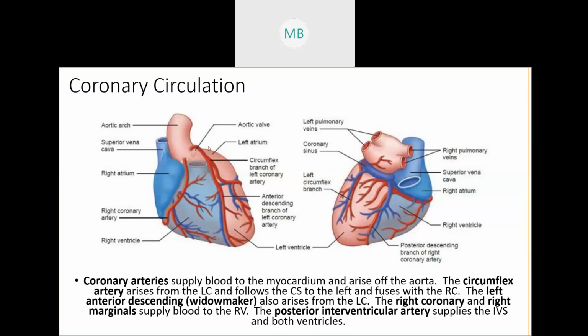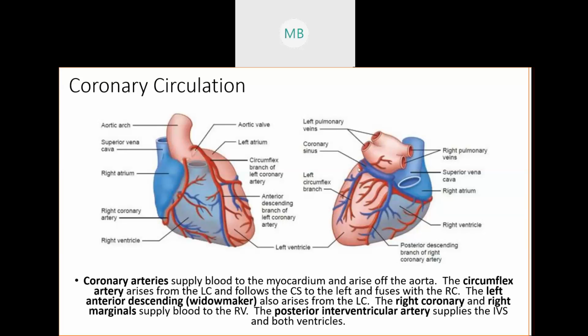And then the left coronary artery is going to split into the circumflex artery that goes around the atria, and the anterior interventricular artery, the one that goes straight down the middle front of the heart, right? There you go.